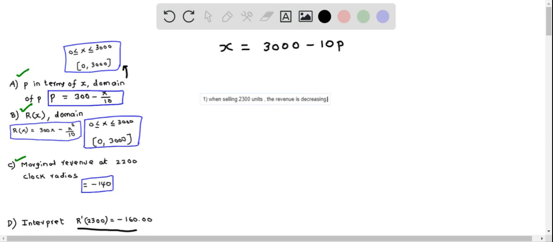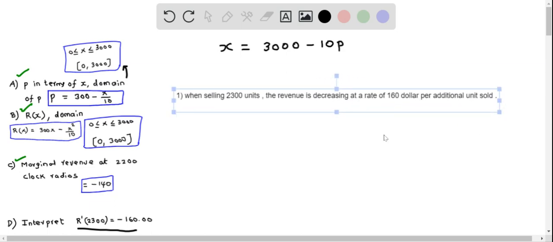It is decreasing at a rate of $160 per additional unit sold. So this is one way of interpretation: when selling 2300 units, the revenue is decreasing at a rate of $160 per unit sold.